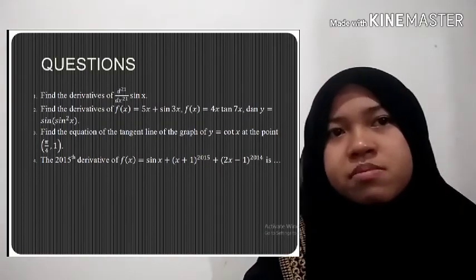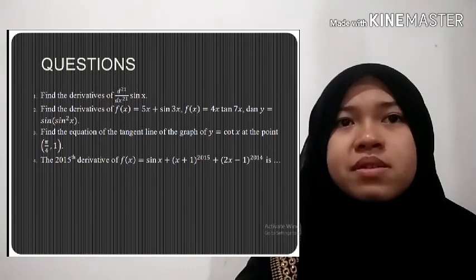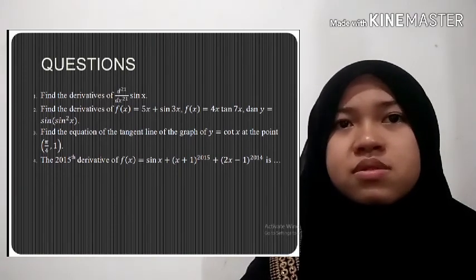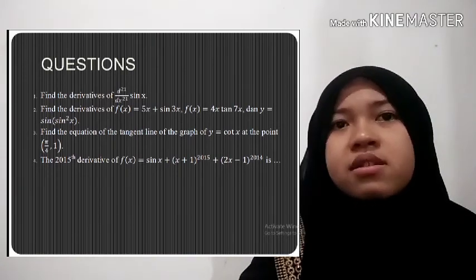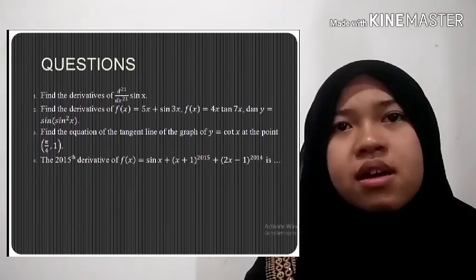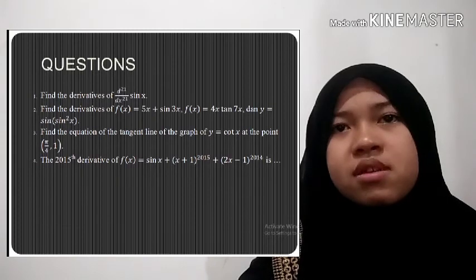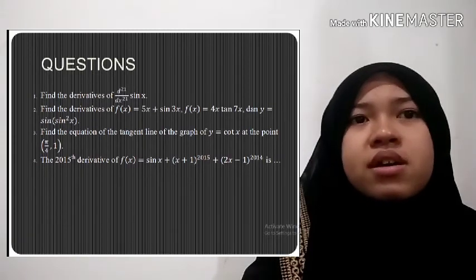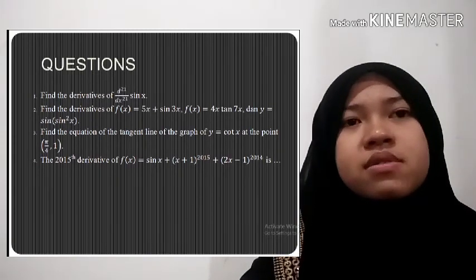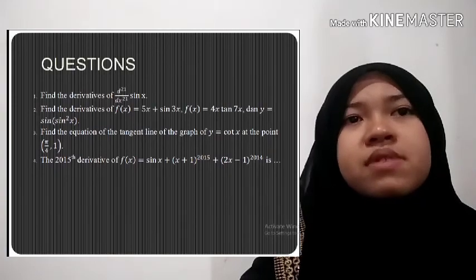How about question number 2? Find the derivatives of f of x is equal to 5x plus sine 3x, f of x is equal to 4x tangent 7x, and y is equal to sine square root of x.